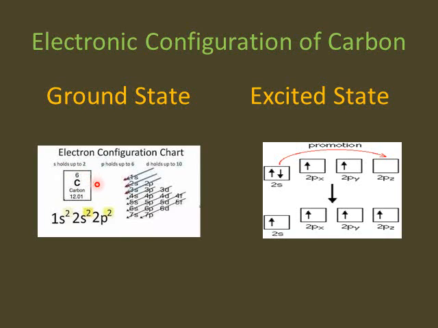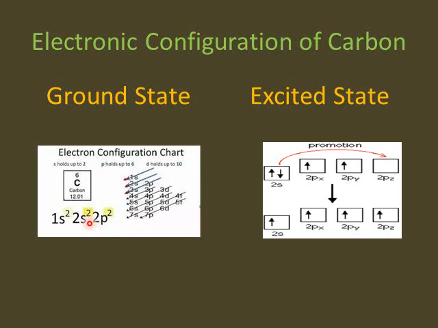Now if we put it into subshells, what is going to happen? 1s contains 2 electrons and 1s is the subshell of the K shell, while 2s and 2p are the subshells of the L shell.